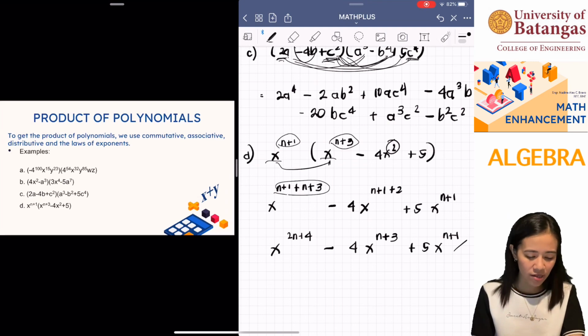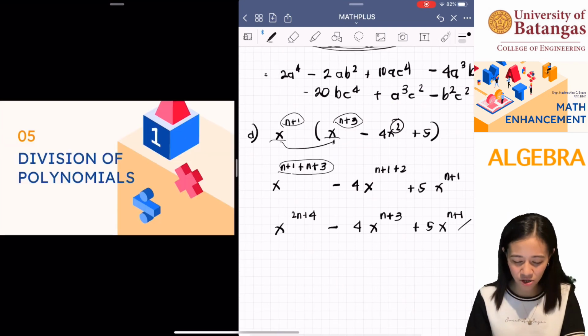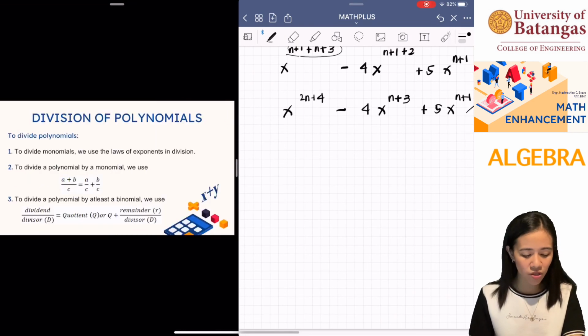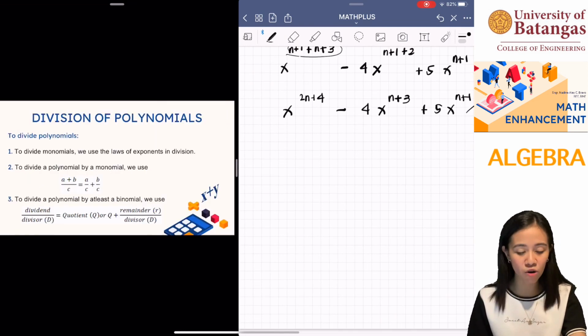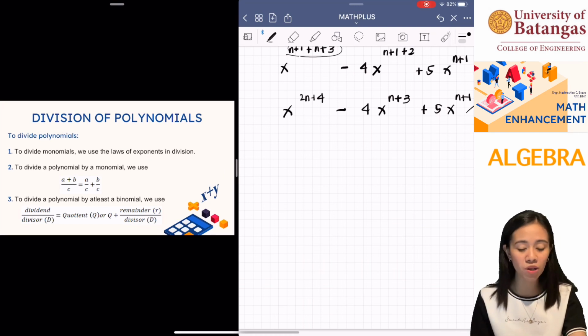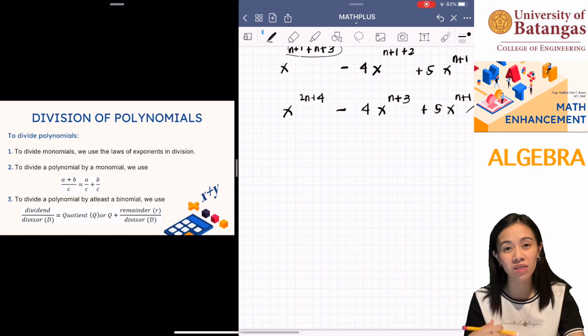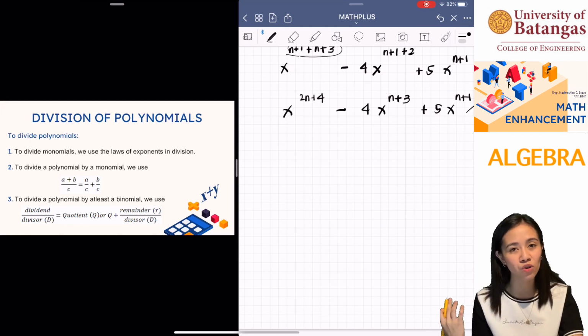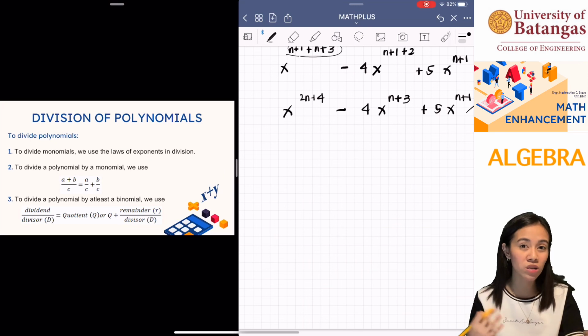Okay? Next. So let's proceed to division of polynomials naman. So, with division of polynomials, you have a short method and the long method, diba? So, to divide monomials, we simply use the laws of exponents and division. So, kanina meron na tayong mga terms na naka-divide, diba? We simply apply the laws of exponents para lang masimplify yung similar terms. Para lang masimplify yung terms with similar bases. In-apply natin yung laws of exponents with subtraction, diba?